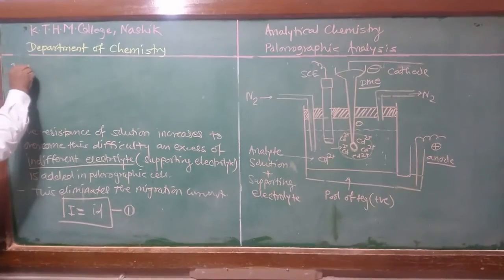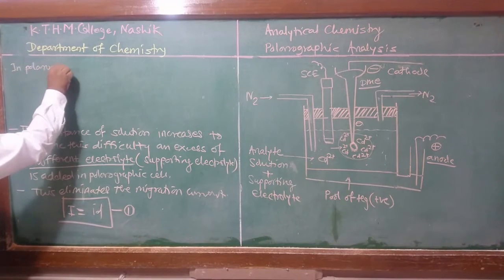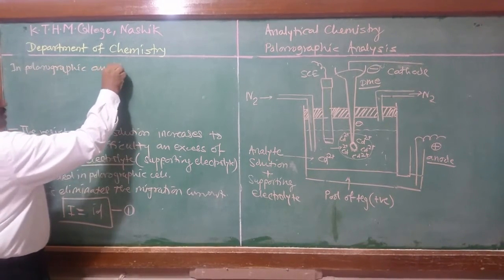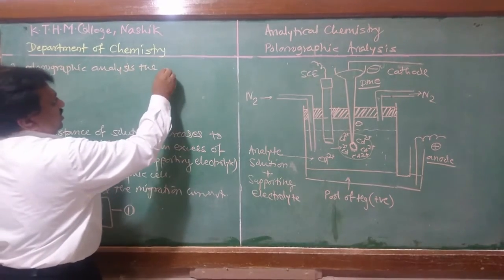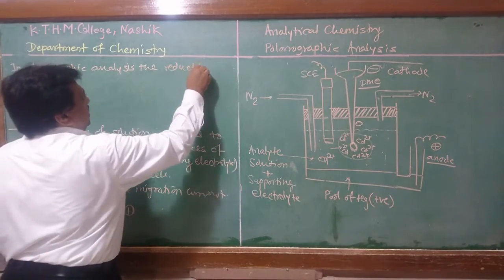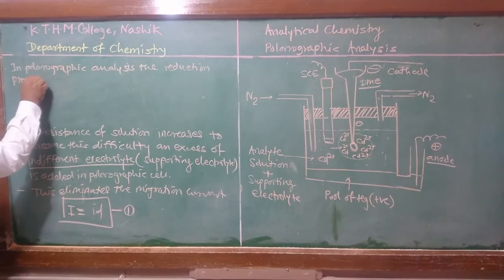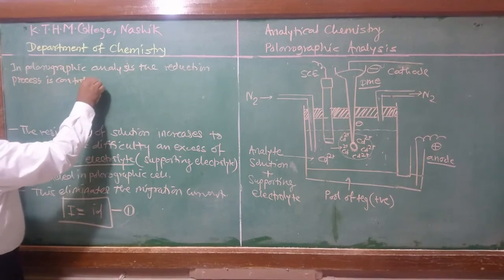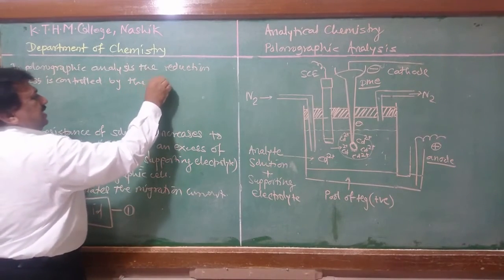In polarographic analysis, the reduction process is controlled by the diffusion process of the analyte.